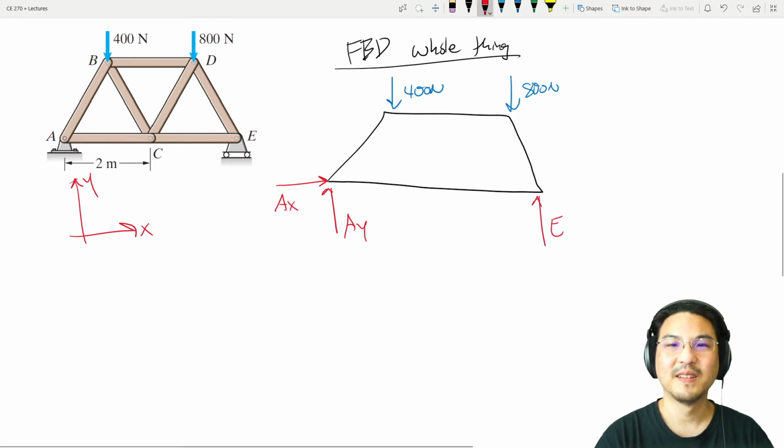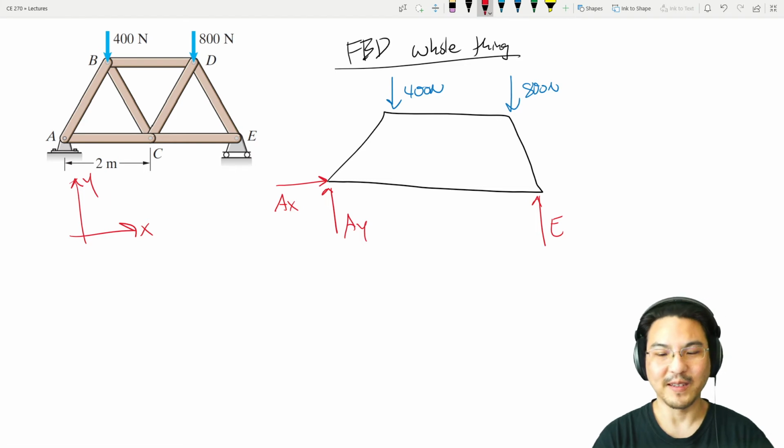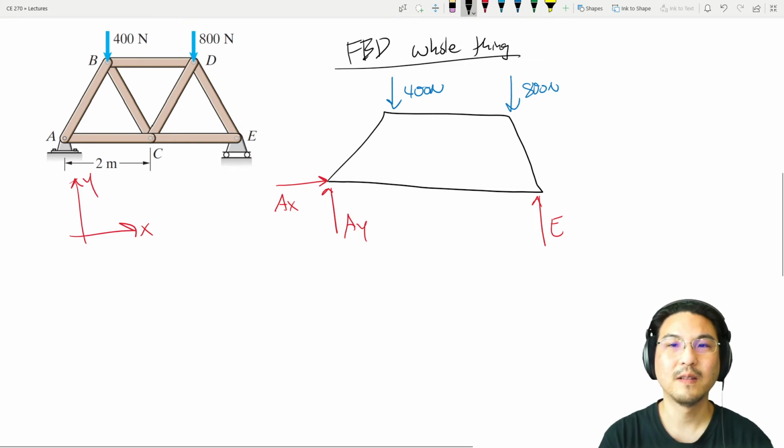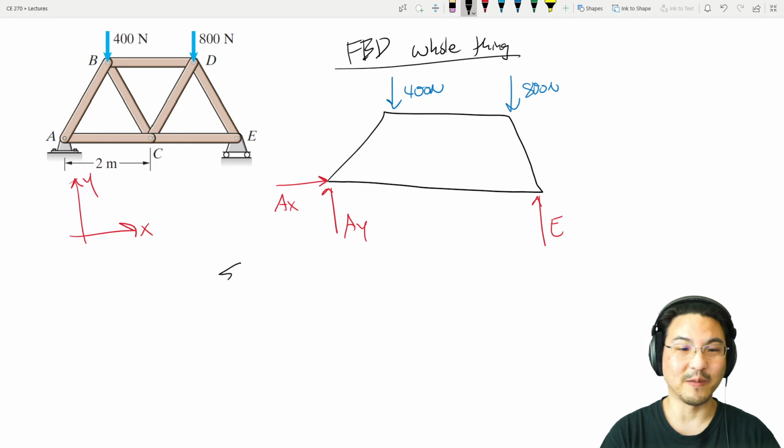Okay, so I have, for the entire structure, 3 unknowns, and I can write 3 equations for the entire structure.